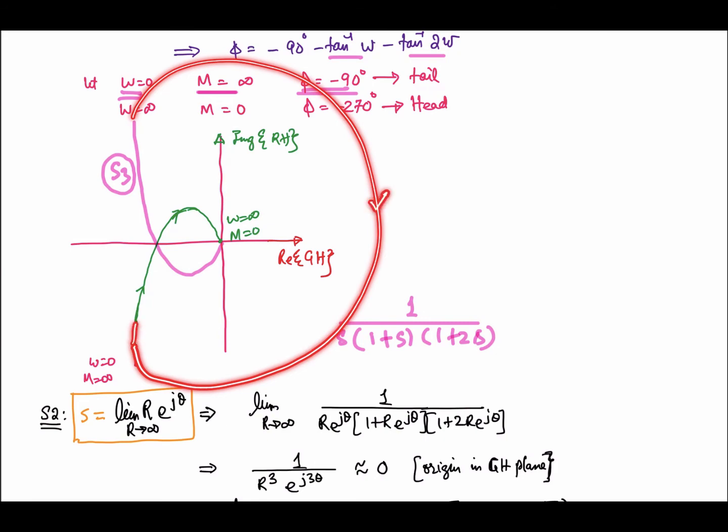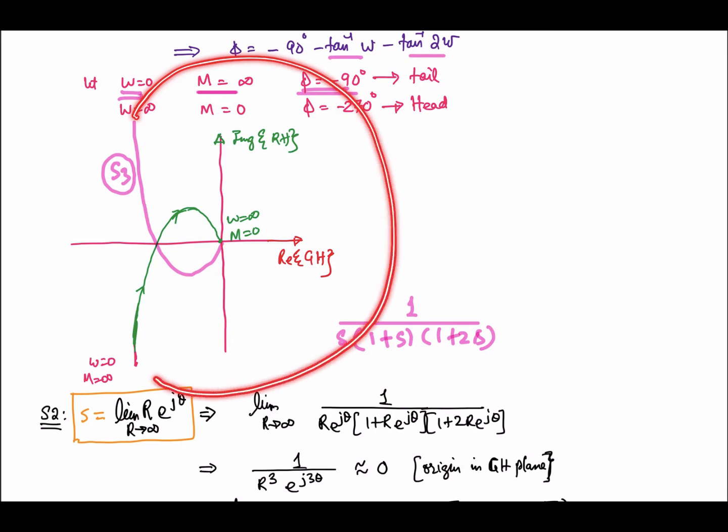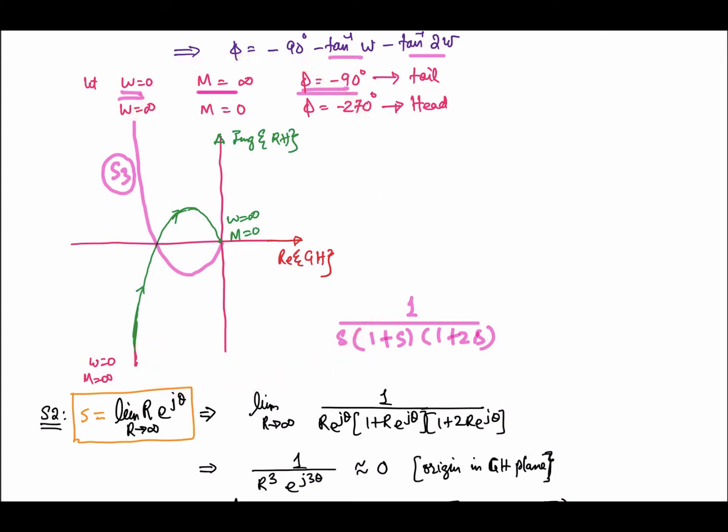We are starting from omega equal to 0, moving toward infinity, and then from infinity we are moving from minus infinity to 0. Okay, and then over this cycle. So we will be combining these two points, and these two, because we must get a closed loop path in the GH plane if we have the closed contour in the S plane.